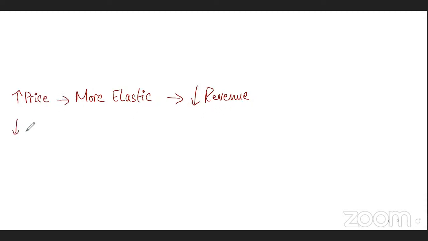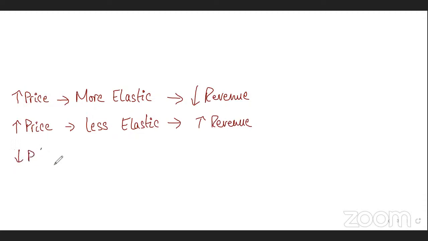On the other hand, for less elastic, when your price is increasing and the nature of the good is less elastic, which means it's a necessity, you have to buy that thing no matter what, your total revenue will increase. And in the case of unitary elastic, it doesn't make any difference. Whether your price is increasing or decreasing, your total revenue or total expenditure stays the same.